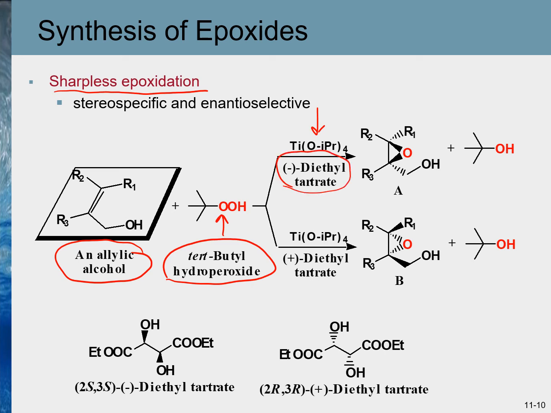Diethyl tartrate molecule has two chiral centers in its structure, so therefore it has 2 to the 2 stereoisomers, which is 4 stereoisomers that can be there for this molecule. Out of these 4 stereoisomers, we have a pair of enantiomers and a meso compound.